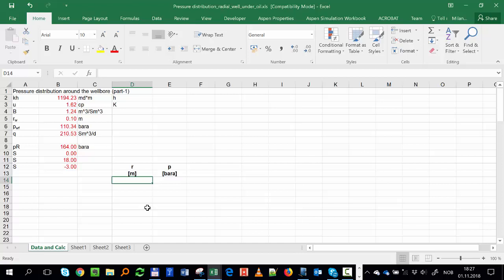And we are going to start, the first point of my plot will be wellbore, where I know you have this bottom hole pressure that I somehow measured. Okay?